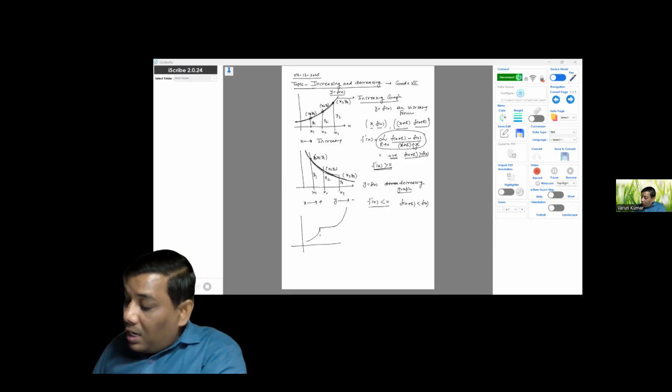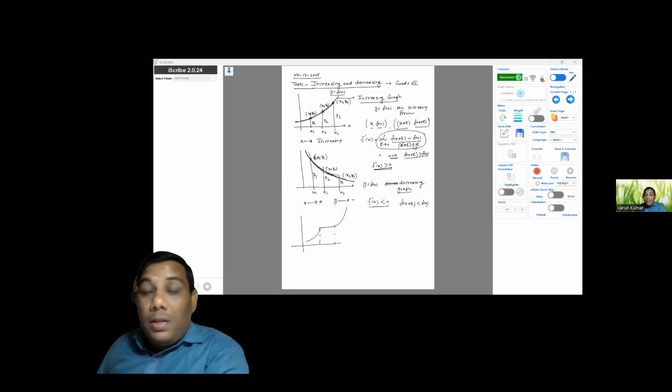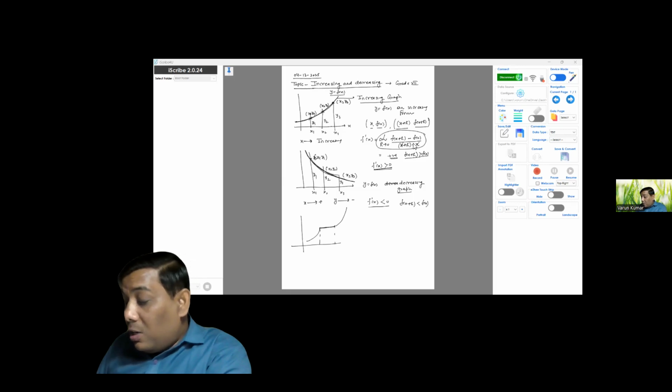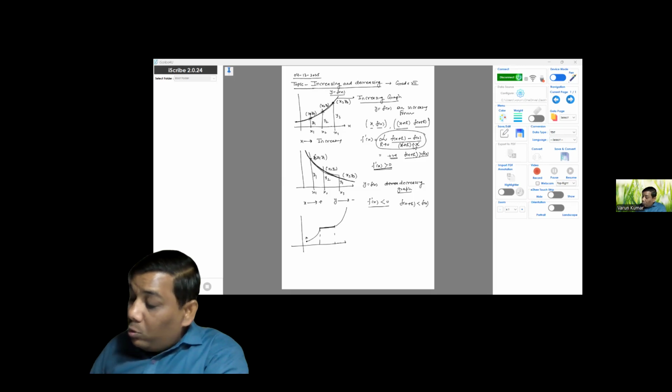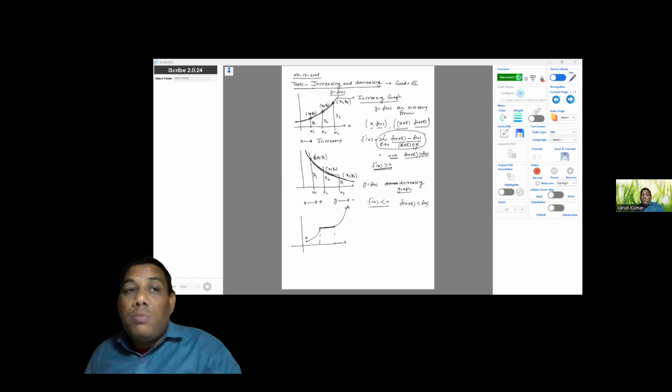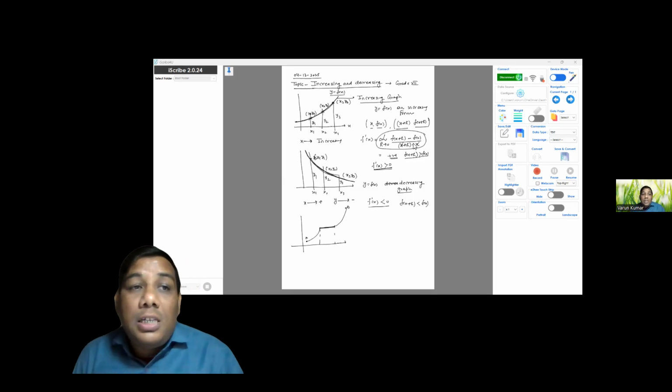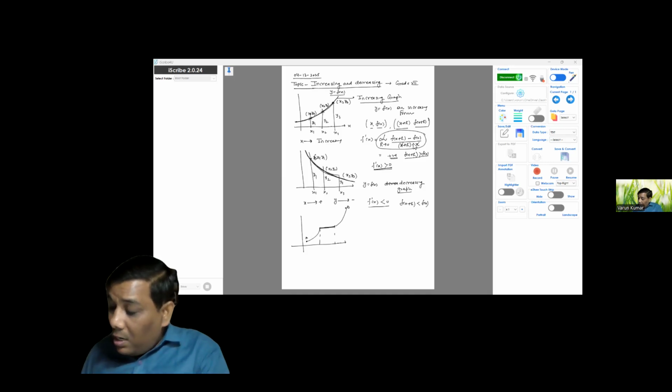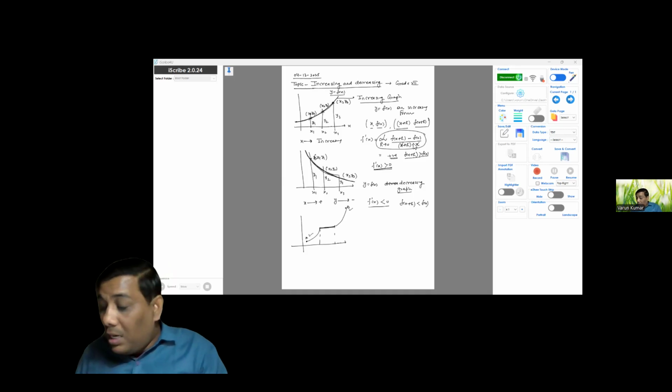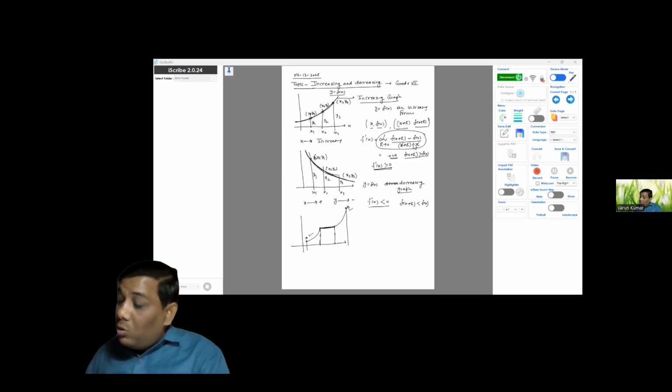It means for some part, the graph of the function is parallel to the x-axis. From this point A to this point B, what do we observe? The graph of the function is increasing. From A to B, the graph of the function is increasing. But in between these two positions, it remains at constant height. So this is known as the increasing graph.